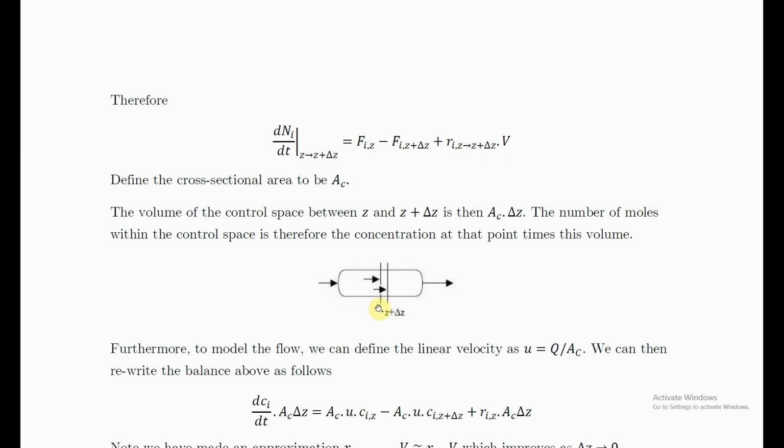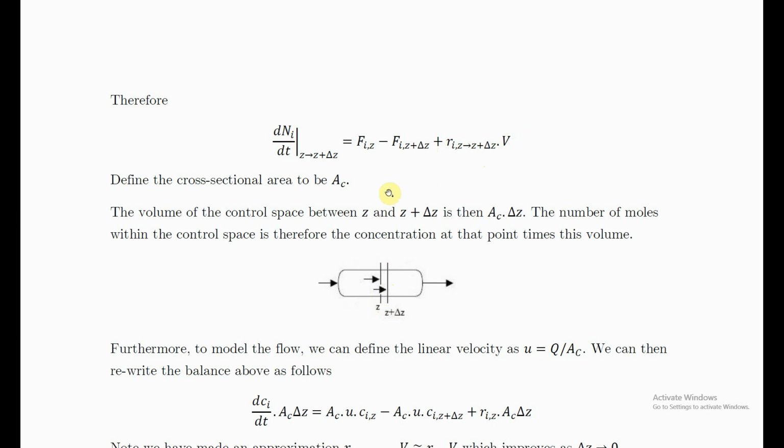So maybe this is a 10-meter long tube, and we are looking at 7 meters down the tube and 7.02 meters down the tube. In that 0.02 of a space, there's some reaction rate that applies in the fluid, and then we need to multiply it by that volume.